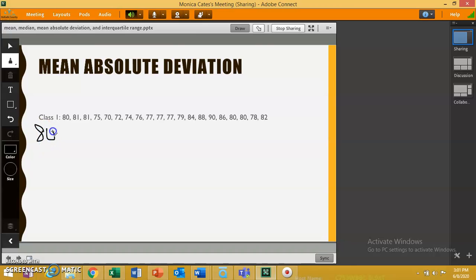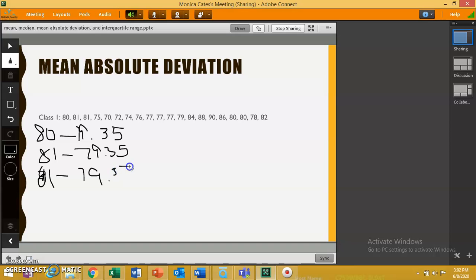We'll do 80 minus 79.35, 81 minus 79.35, another 81 minus 79.35.